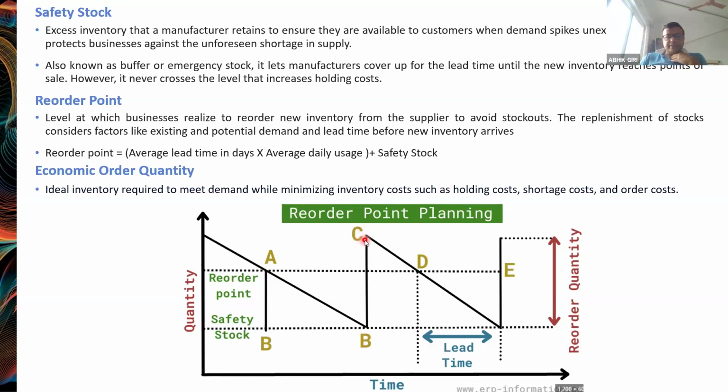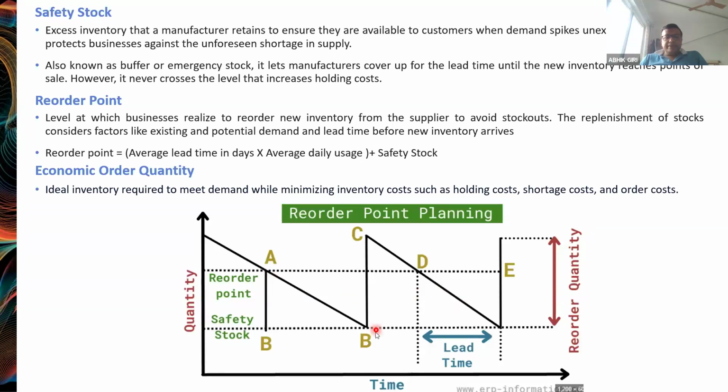Again, my inventory starts depleting from C to D, and once it reaches D, I decide to order from the supplier. So the lead time is the time on the x-axis between D and E, or here you can say between A and B. By the time it reaches the safety stock level, we will again get fresh stock, and my inventory level will go up.